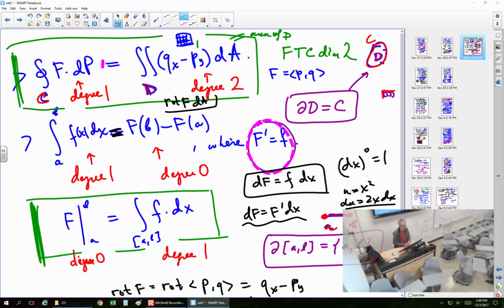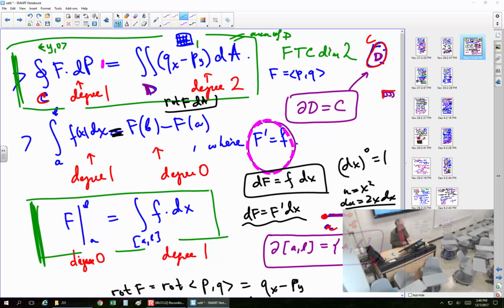The only thing that remains is to determine what your vector field should be, and I think I can tell you it will be (y, 0). Is that right? Yeah. So if my vector field is (y, 0), then Qx is 0, and Py is... this is a minus.